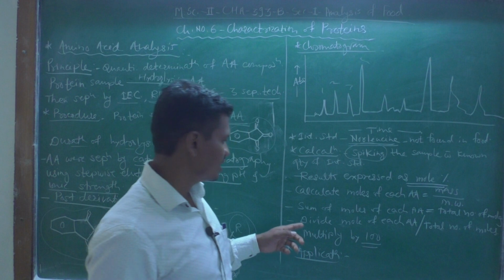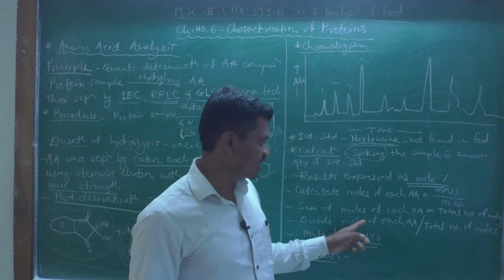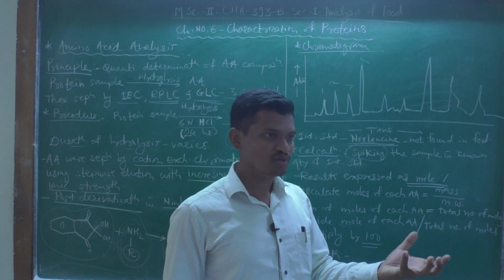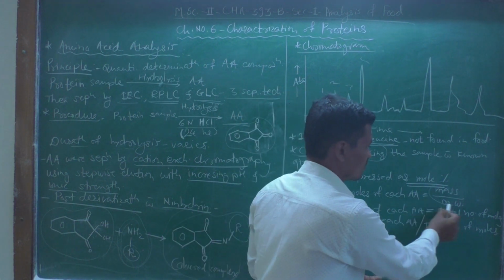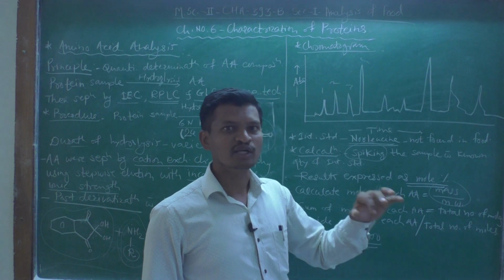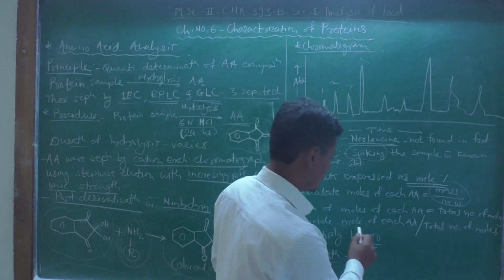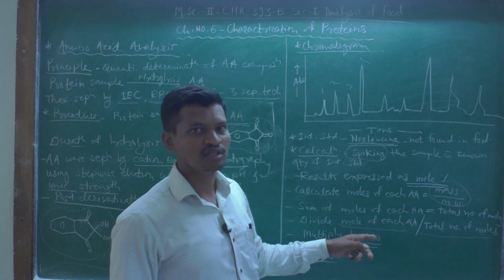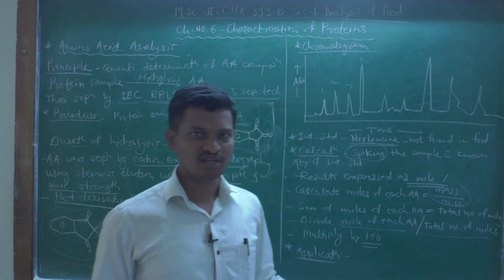Then divide the moles of each amino acid, obtained in the first step, by the total number of moles, and you will get the mole fraction.